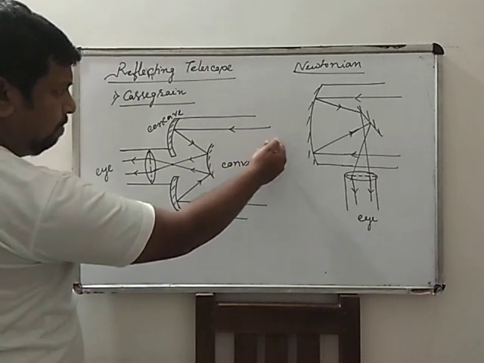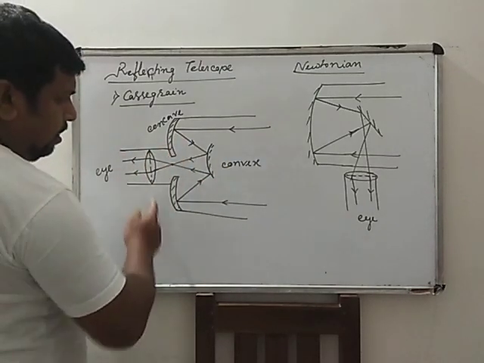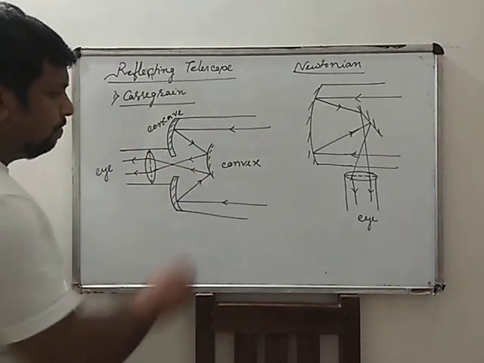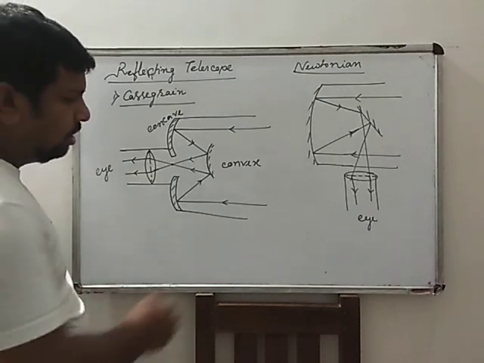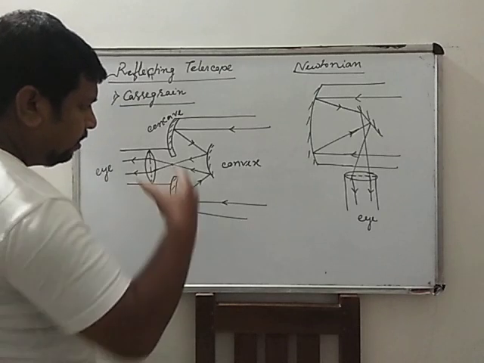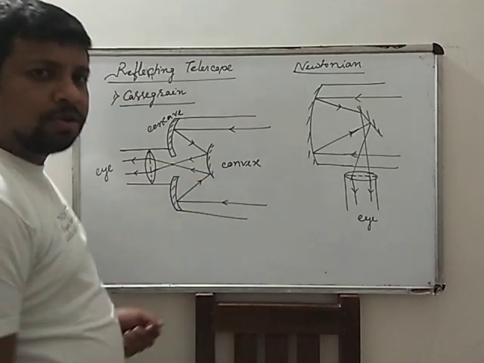mirrors. The parallel beam of light coming from the object is incident on it, then after reflection it again strikes the convex mirror. Next, another parallel beam of light is incident on the concave mirror, then after reflection again it is reflected towards the convex mirror.